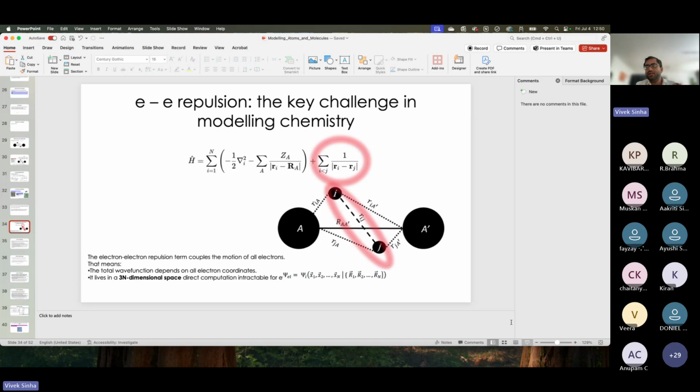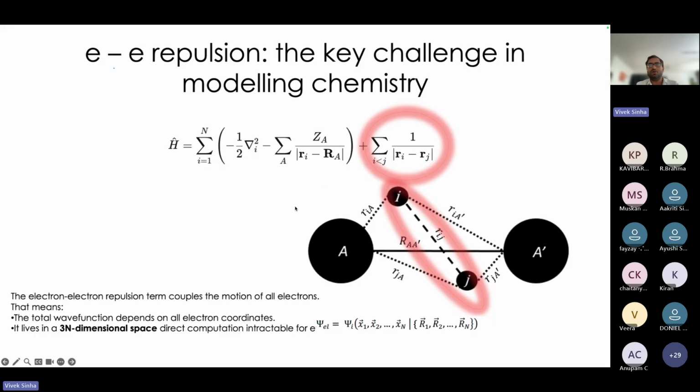Now let's dig a little bit deeper in this. This is not going away very easily, and it's actually an interesting thing to think about. See, the key challenge in modeling chemistry using this electronic picture really comes from this particular term. It gives a lot of headaches because electrons are interacting with each other.